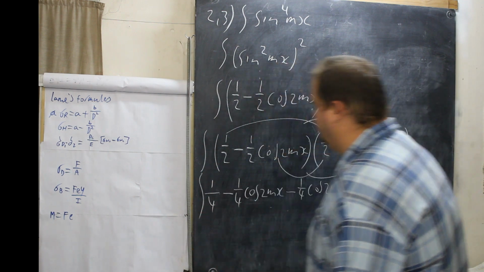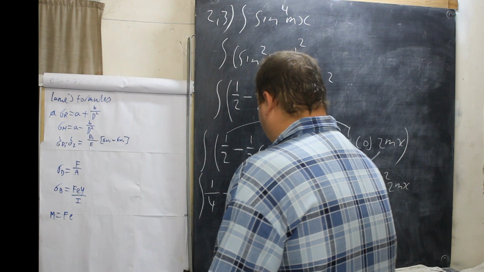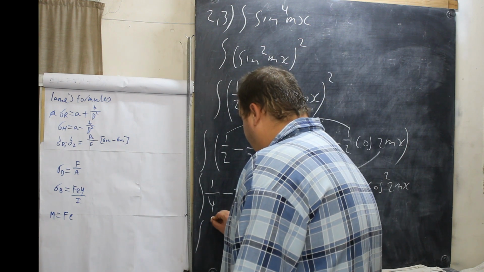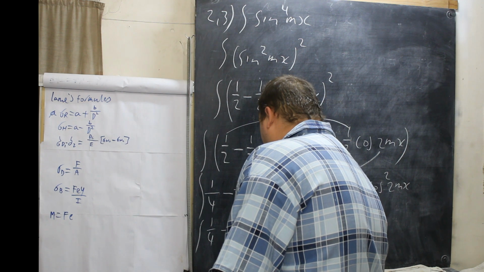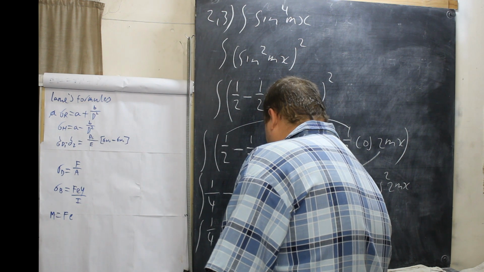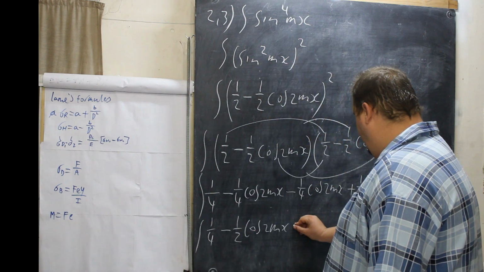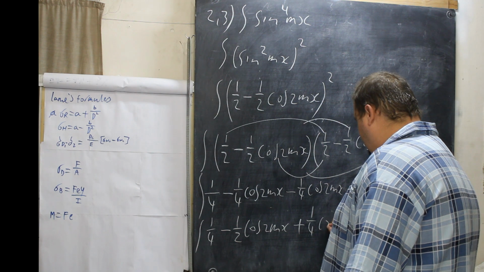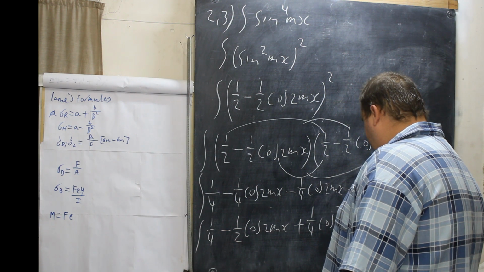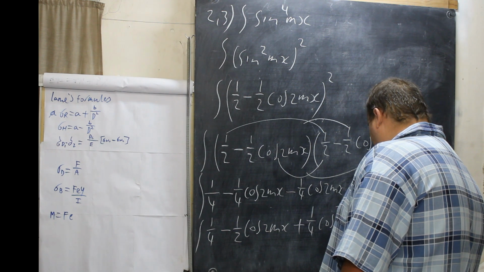And all of that is integrated. What we do is we combine these two. So this in turn will be a quarter minus a half cos 2mx plus a quarter cos squared 2mx.